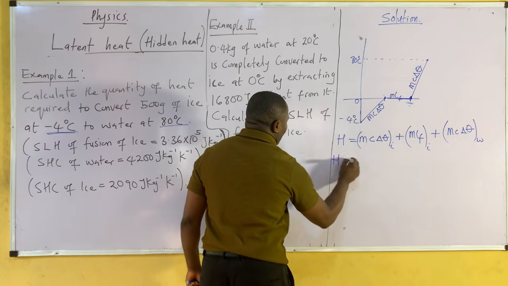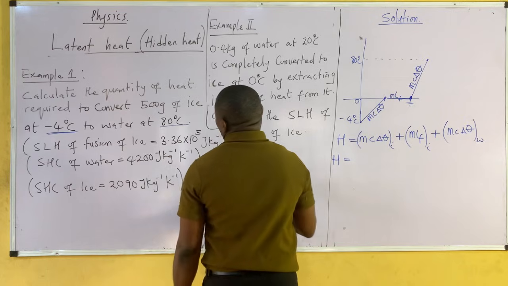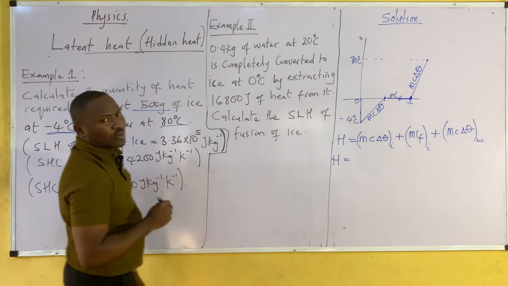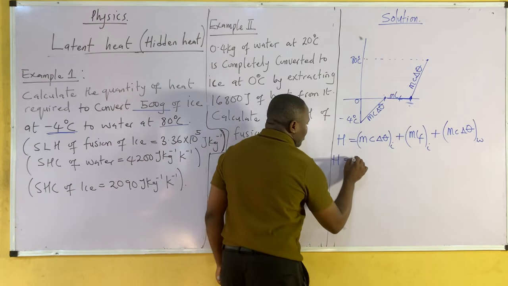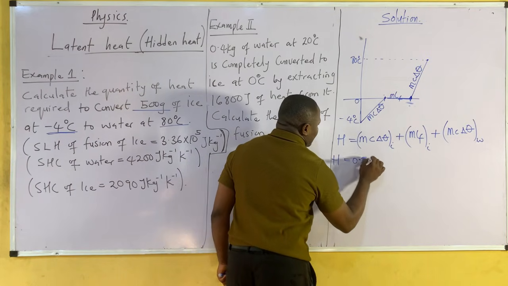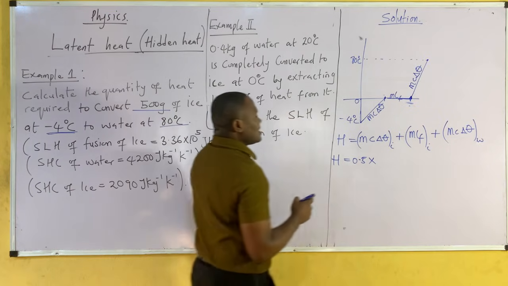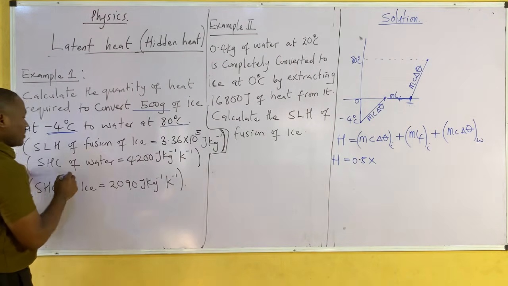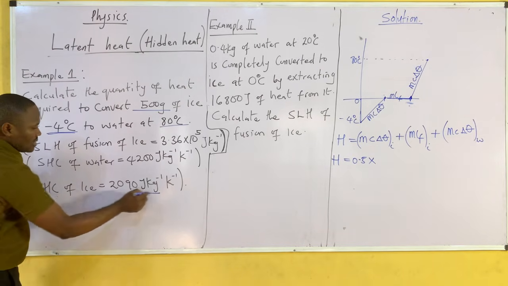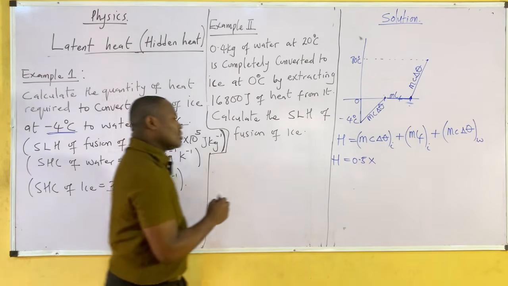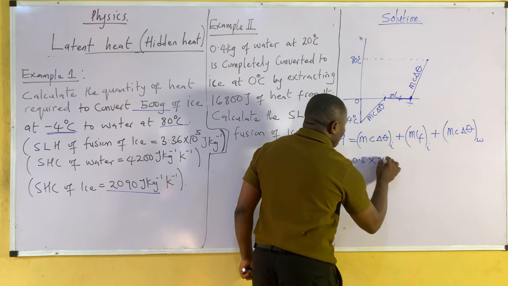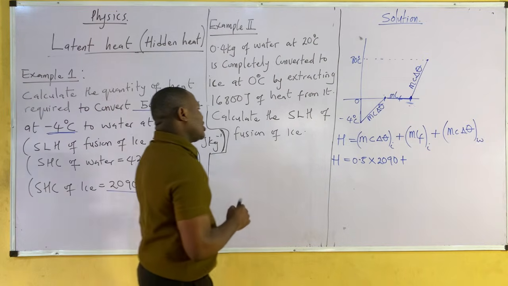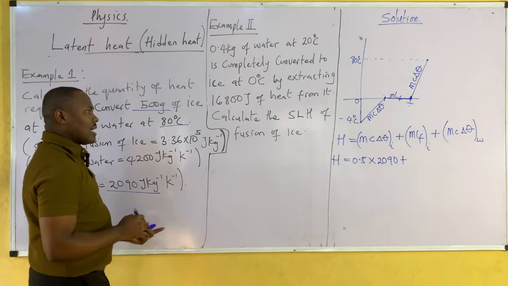So H will now be equal to, what is the mass given? The mass given is 500 grams, which will now be 0.5 kg. So that will be 0.5 times, what is the specific heat capacity of ice? The specific heat capacity of ice is 2090. So 2090 times, what is the change in temperature for ice?